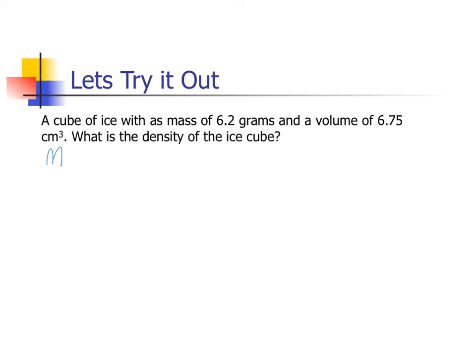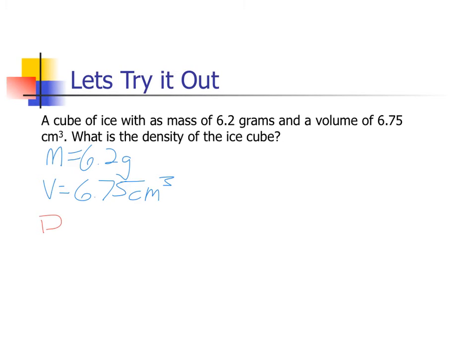I know mass is equal to 6.2 grams. I know the volume is 6.75 centimeters cubed, which again is the same as a milliliter, but it's probably easier to measure something solid in cubic centimeters. What do I not know?